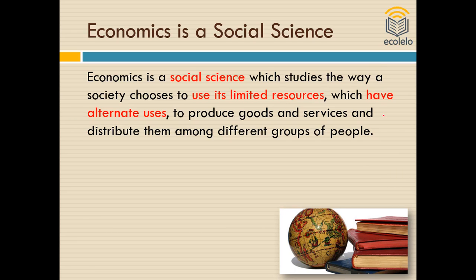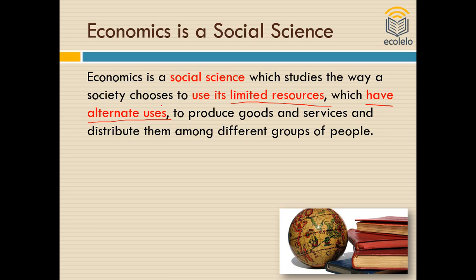Now, this may seem a lengthy definition, but it is not difficult at all if you break it into pieces. First of all, it is a social science. And as a social science, what does it do? It studies the way a society chooses to use its limited resources. So the second keyword is limited resources. And those resources have alternate uses. So this is the third keyword. For example, you have time. Time is a limited resource.